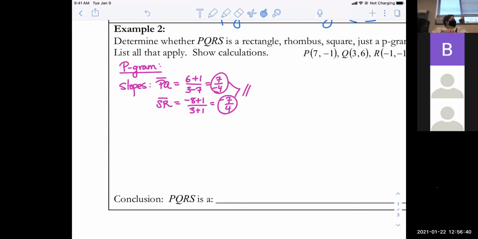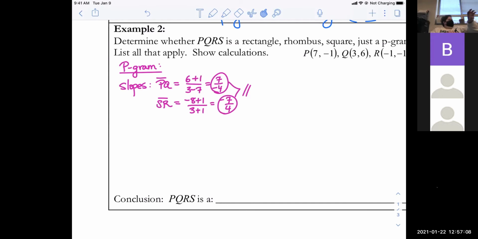Emmett, why is it not sufficient to do just one pair of sides? Okay, what kind of quadrilateral has one and only one pair of parallel sides? A trapezoid. So you want to make sure that it's not actually a trapezoid, in which case it would not be a parallelogram.